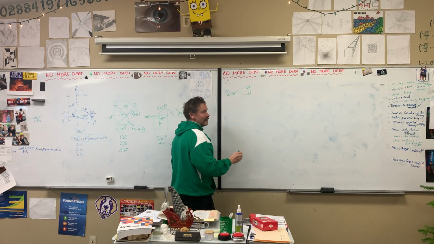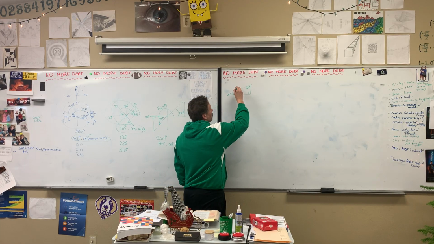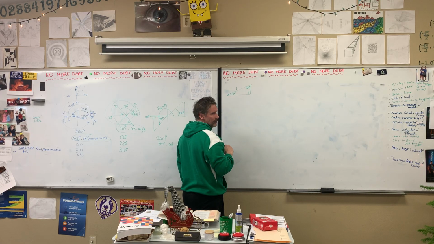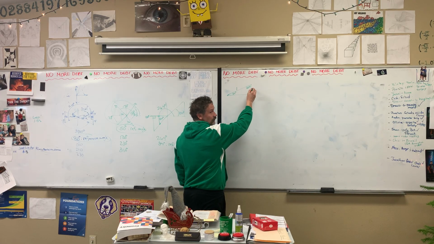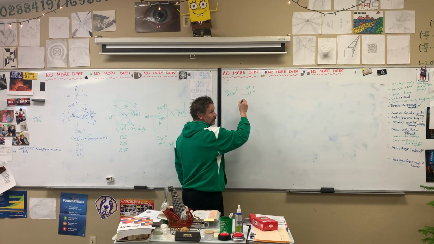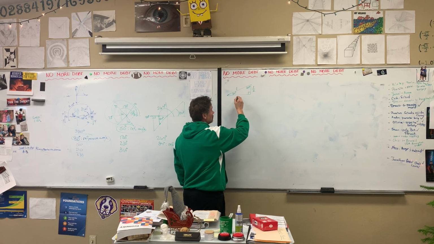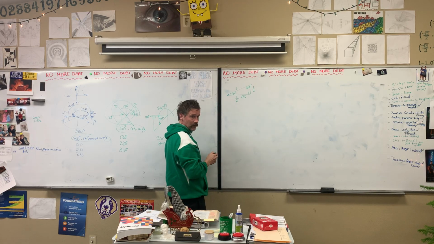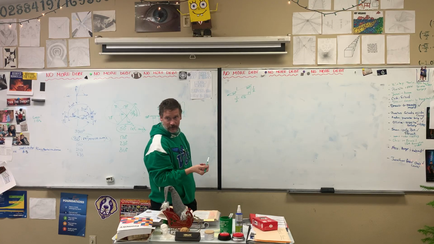If the hypotenuse is 1, what's the measure of the shorter side? 1/2. It's half as big as the hypotenuse. And what's the measurement of the longer side? Square root of 3 times longer than the shorter side. So it'd be 1/2 times square root of 3, which is root 3 over 2.